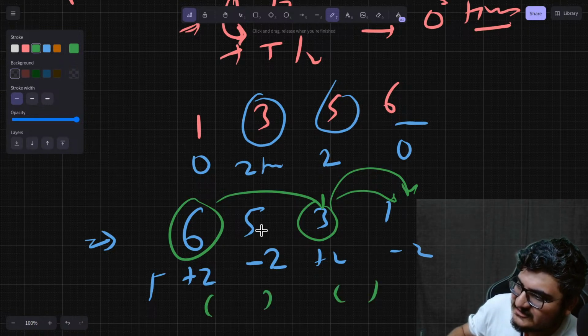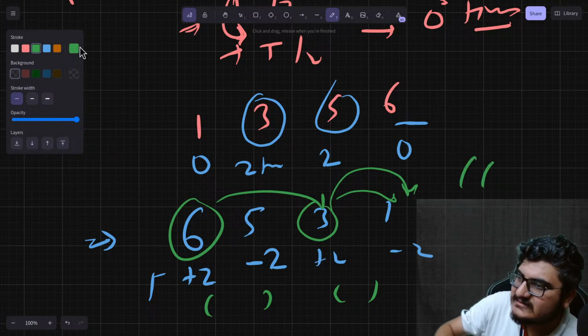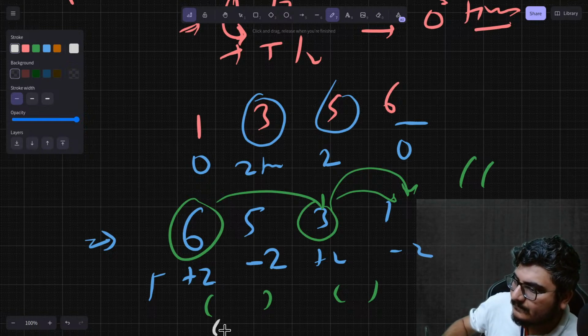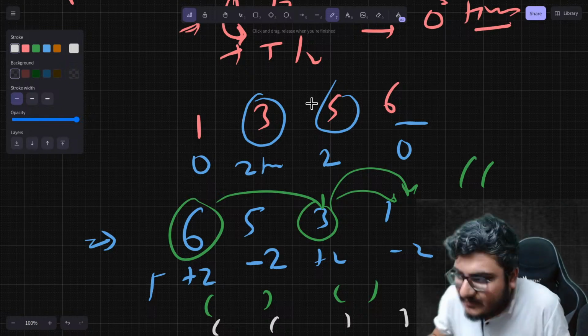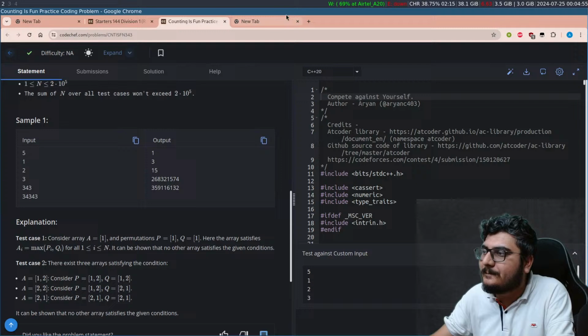This can be one way. 6 is paired with 5, 3 is paired with 1. If this is the bracket sequence, it means 6 is paired with 3, 5 is paired with 1, and so on. And counting the number of valid bracket sequences is the Catalan number.